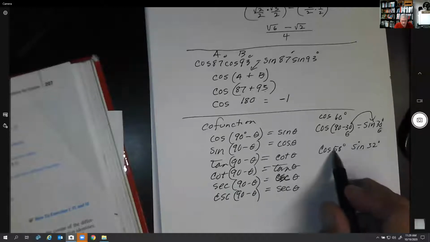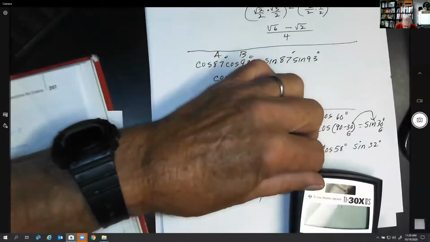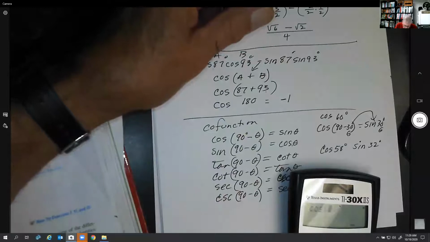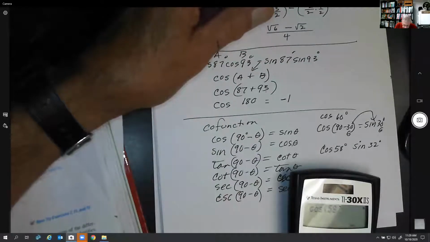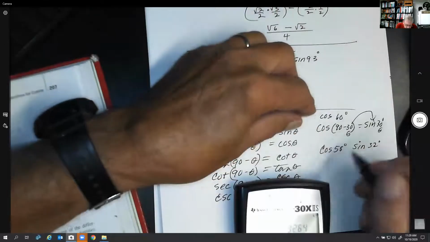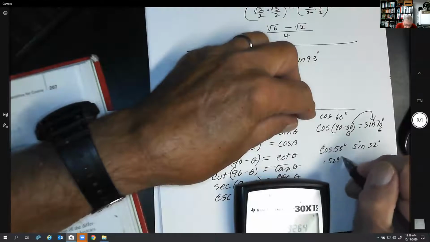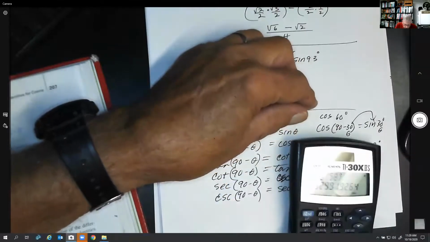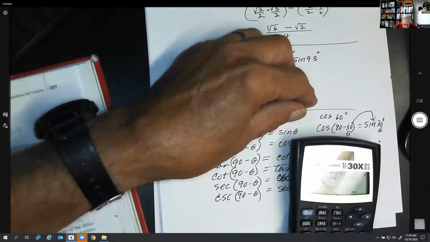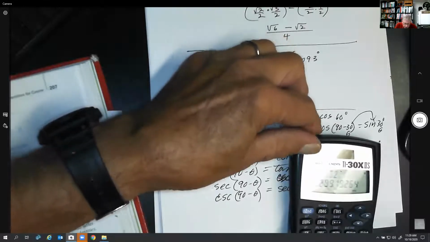If you looked at the cosine of 58 on your calculator, we'll look it up. 0.5299. Now let's look up the sine of 32. Wow, 0.5299.